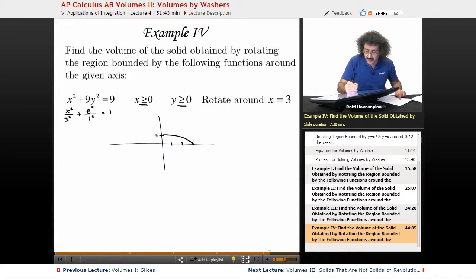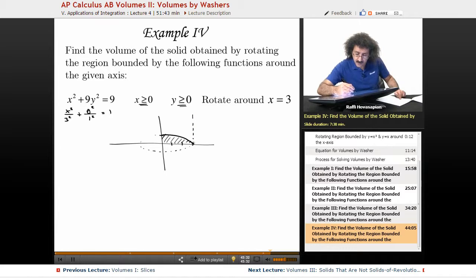It continues on this way, of course, but the region that we're interested in is this region right here. Now they say rotate around x equals 3. So that's this axis right here.